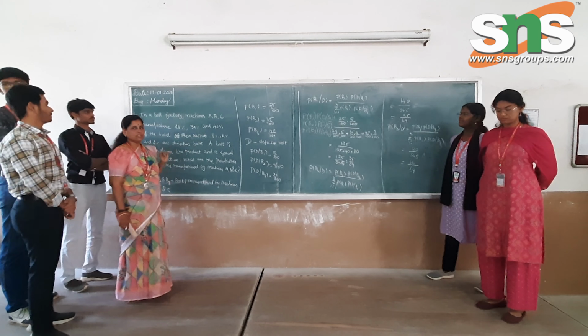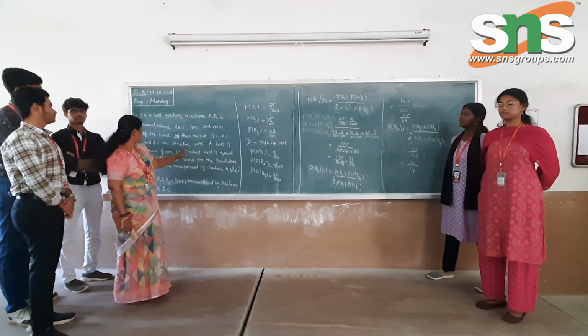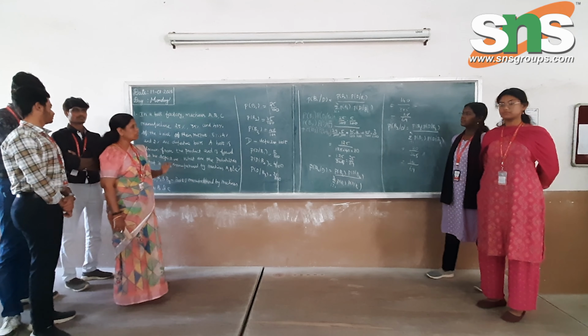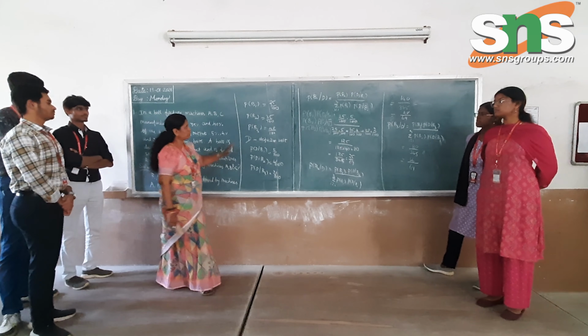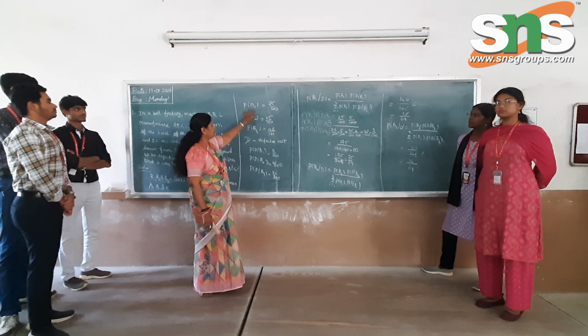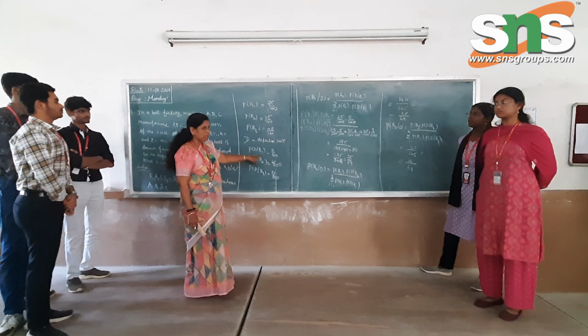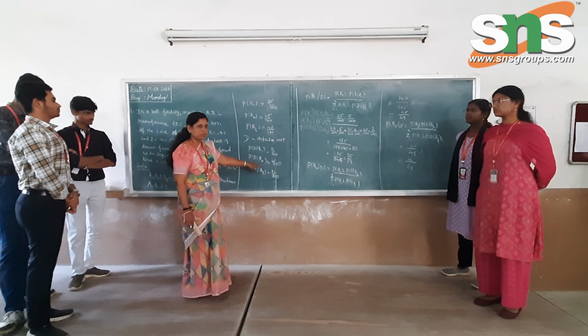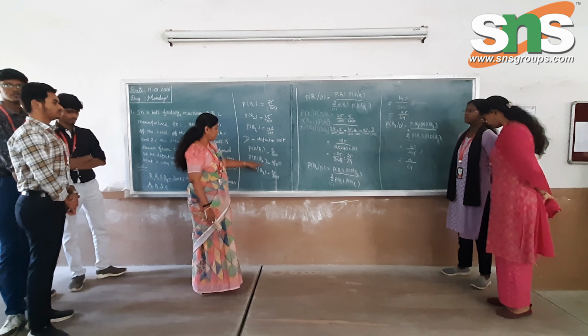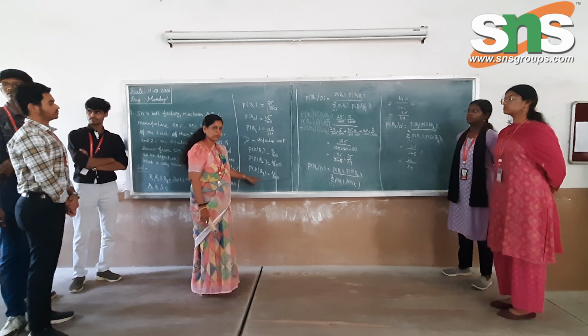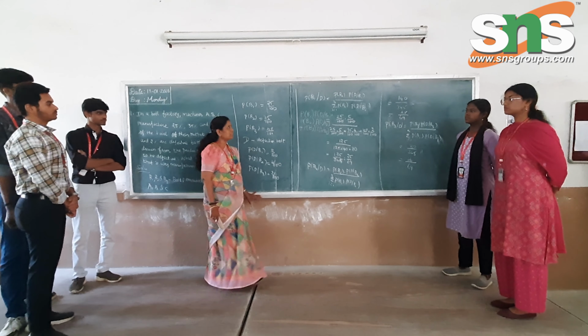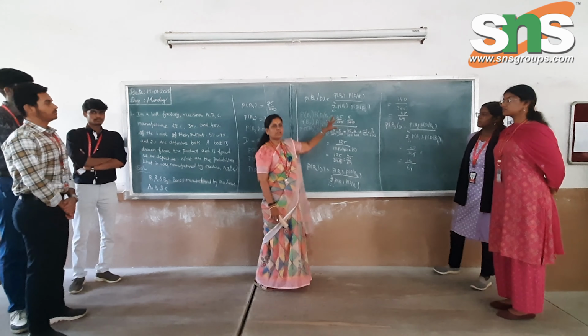So by using Bayes theorem, here they have given that the machines manufactured the bolts as 25%, 35%, and 40% of the output, and 5%, 4%, and 2% are defective. First we need to find the probabilities P of B1, P of B2, P of B3, and the defective bolt produced by machine A, by machine B, and by machine C. After finding these values, we substitute them in the Bayes theorem.